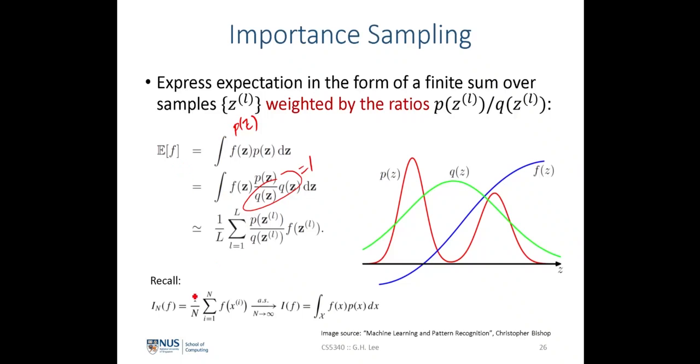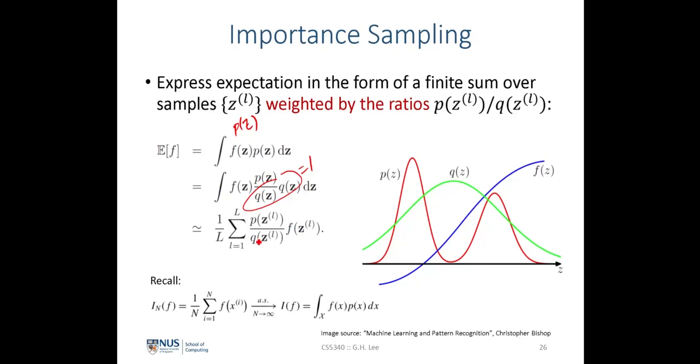We know from the law of large numbers that this integral, used to compute the expectation, can be approximated by L samples drawn from the proposal distribution.